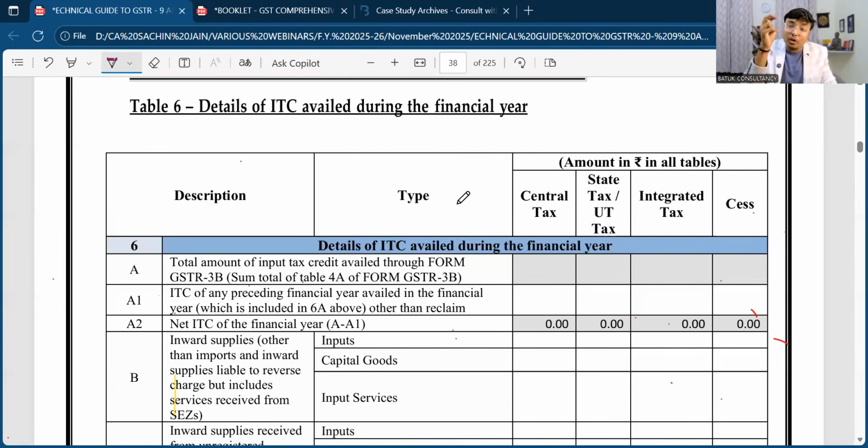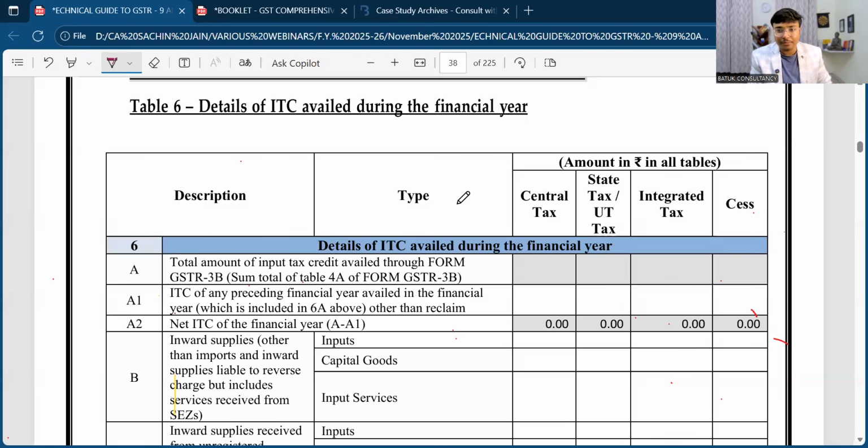Now we are claiming the input tax credit based on GSTR 2B, but we are not providing any invoice wise details. So how is the portal going to segregate your input tax credit from financial year 2023-24 in the current financial year? It is next to impossible because in 3B we are putting the consolidated figures.